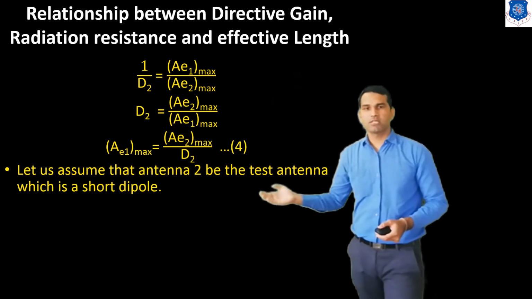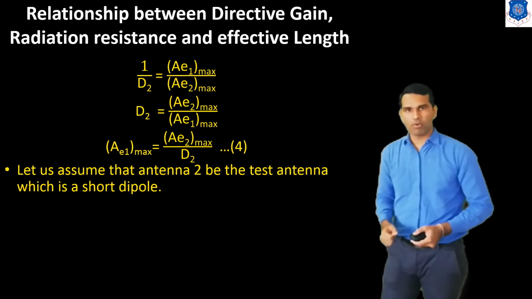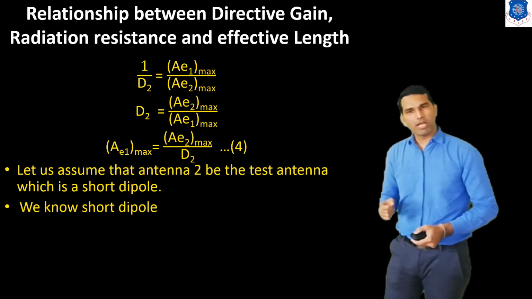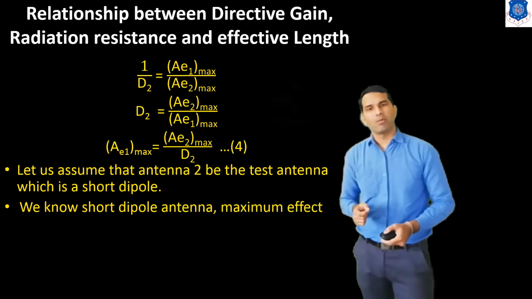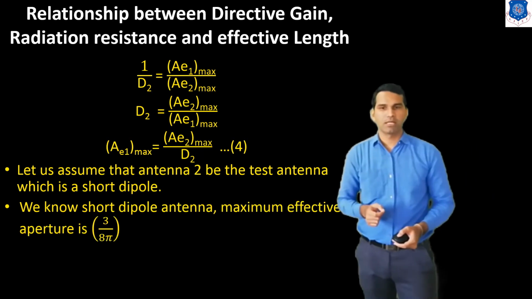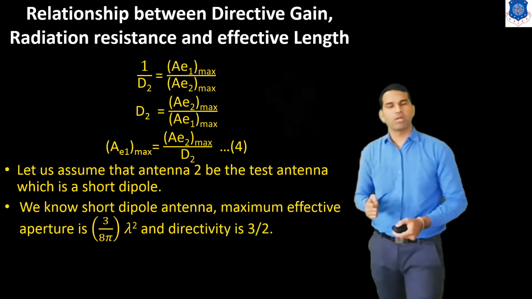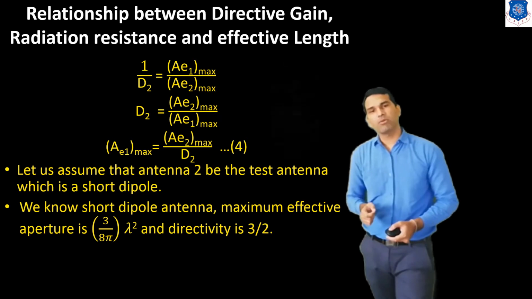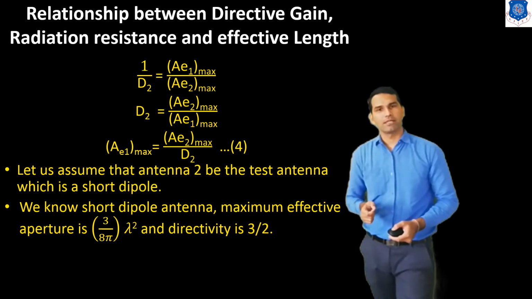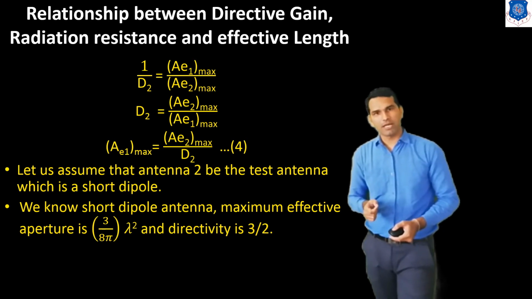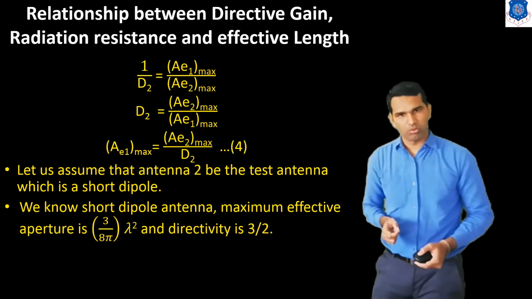We know that for the short dipole antenna the maximum effective aperture is 3 upon 8 pi into lambda square, and the directivity of the short dipole antenna is 3/2.